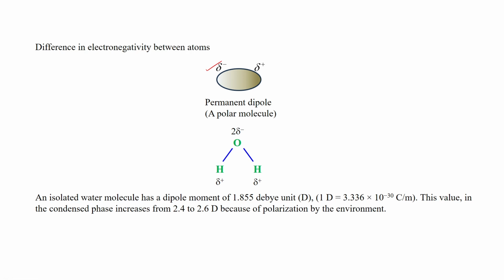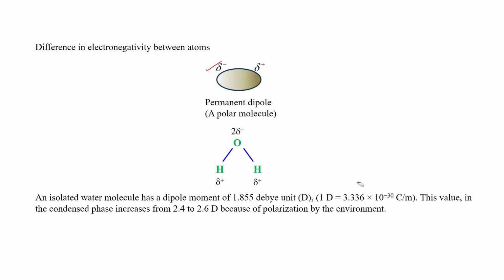Because of this difference in the negative and positive charge, it is called a polar molecule, and there is a permanent dipole moment. For an isolated water molecule, this dipole moment has been estimated to be 1.855 Debye units.